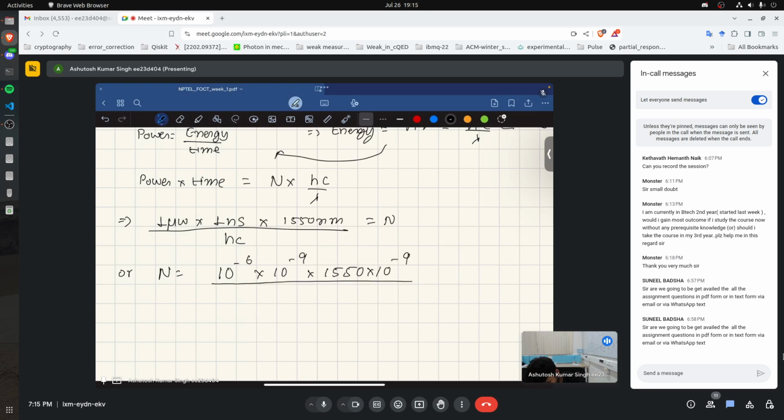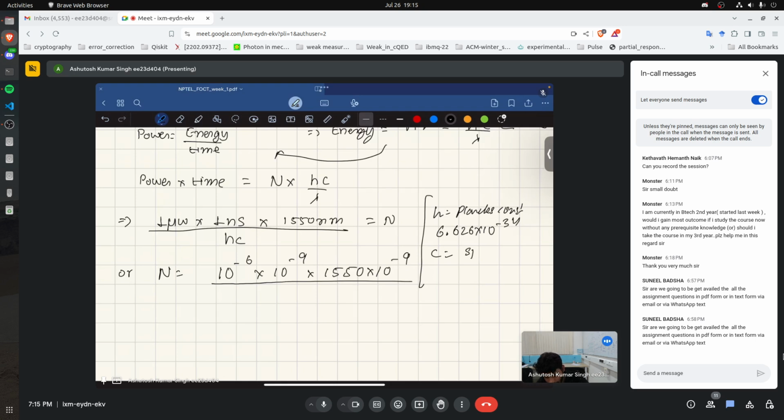Now h is Planck's constant, and its value, if I remember correctly, is 6.626 into 10 raised to the power minus 34. You will have these numbers in your calculators. It's saved in the symbols there.